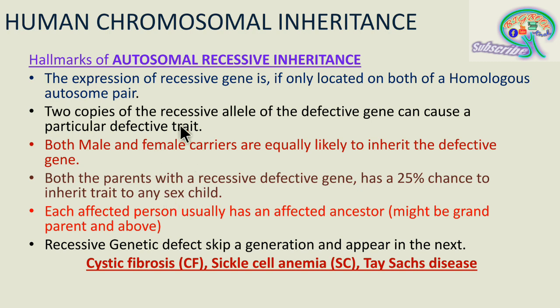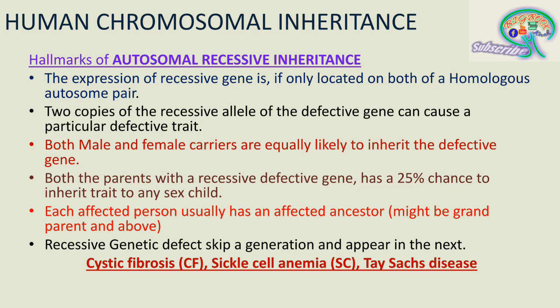Now as per the recessive inheritance expression, both the alleles of the defective gene have to be present in the homozygous form. Then only the expression is going to take place.